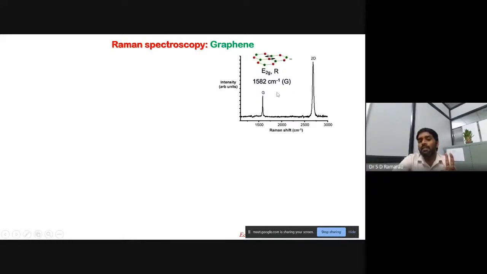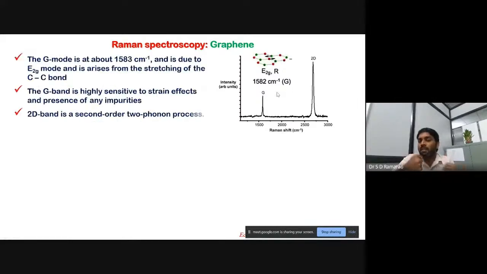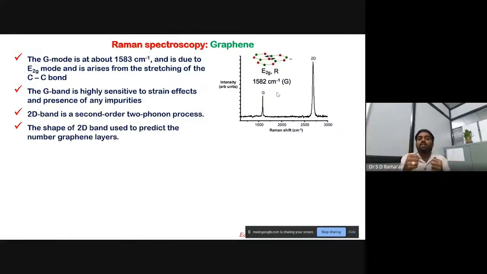The G band comes from the stretching of the C-C bond, whereas the 2D band comes from a two-phonon process. The nature of each band, whether it is sharp, very less intense, or broad, can give you much information about the graphene.